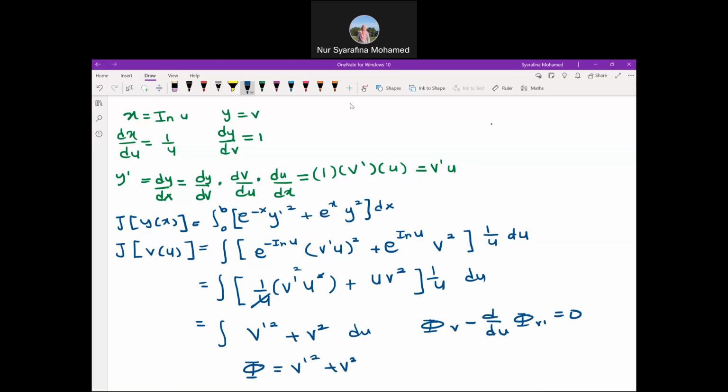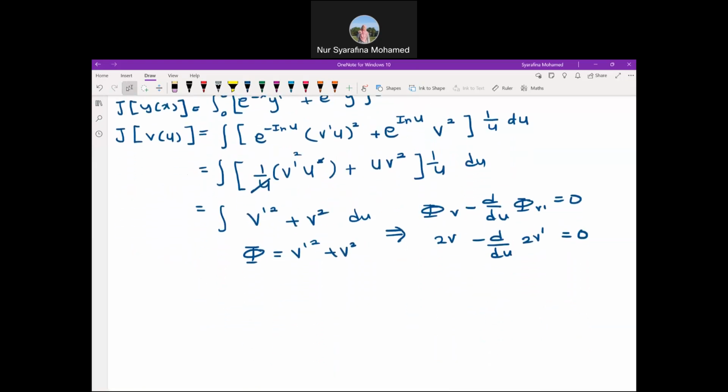So phi_v is equal to 2v, okay, minus differentiate phi_v prime, 2v prime, with respect to u equals 0, right?